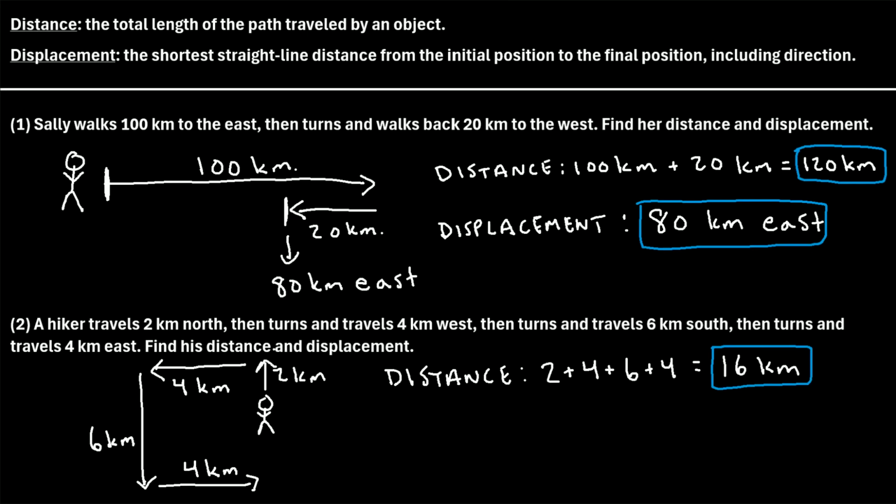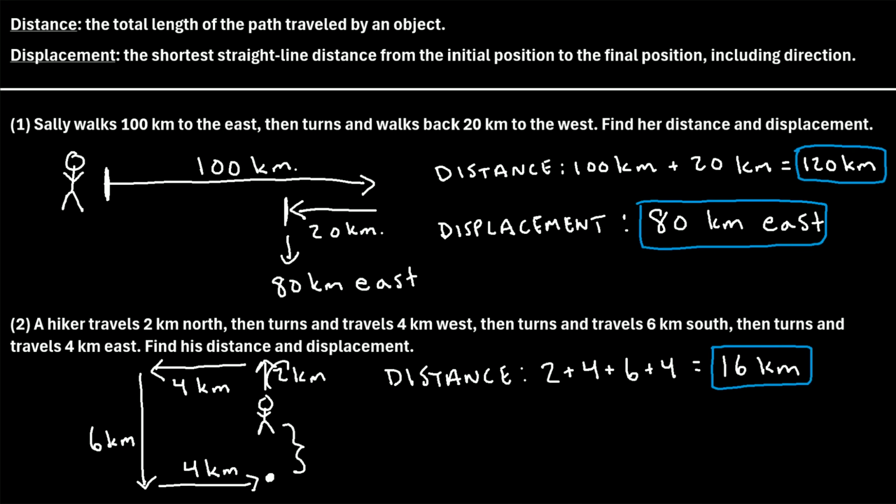Now his displacement, that's just going to be the difference between his final position and his starting position. So if he started right here and he ended, let's say right here, let's make a little dot. What is this distance right here? Well, we know that he traveled 4 kilometers west and then he came back and went 4 kilometers east. So he ended up in the same horizontal position.